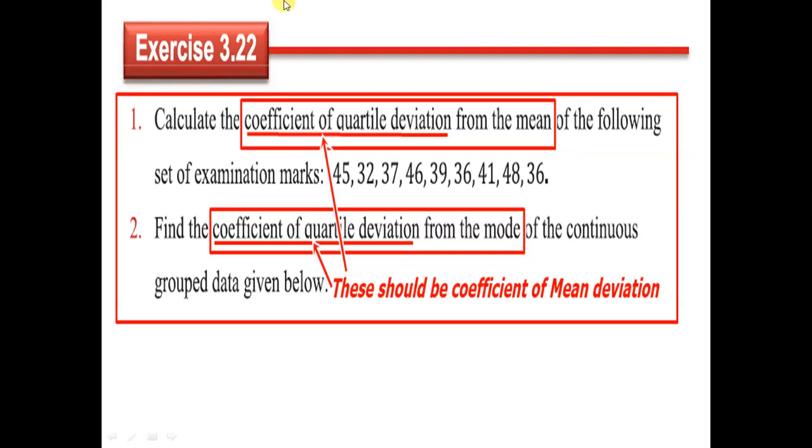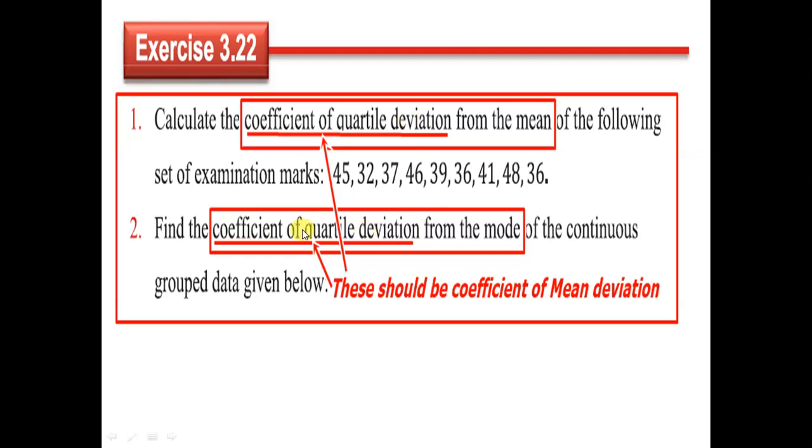Therefore, here in the red box, instead of writing the coefficient of quartile deviation from the mean, we should replace it by the coefficient of mean deviation from the mean. Mean deviation from the mean. That gives us the relative measure of dispersion.